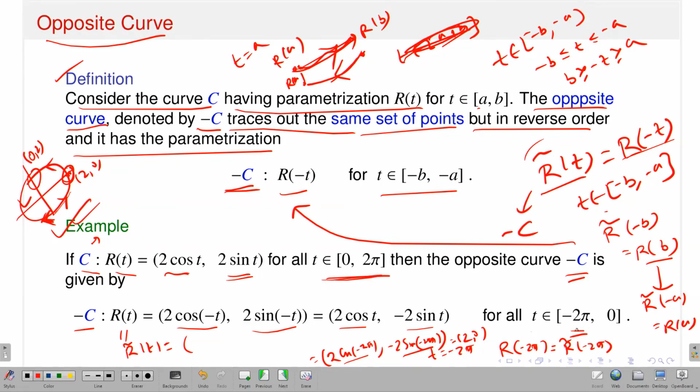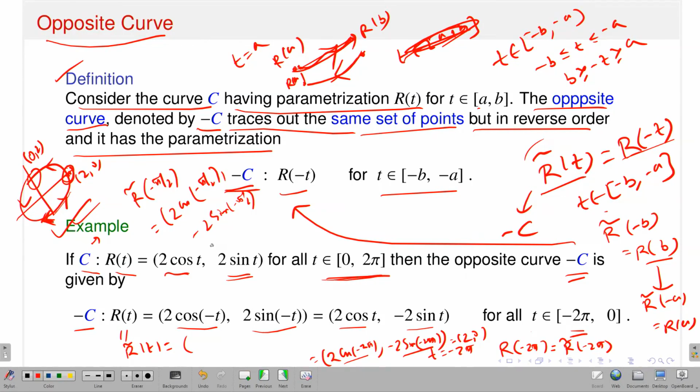For example, t from minus 2 pi to 0. If I take t equal to minus pi by 2, then what will happen? That means r twiddle of minus pi by 2 is 2 times cos of minus pi by 2, and then minus 2 times sin of minus pi by 2.